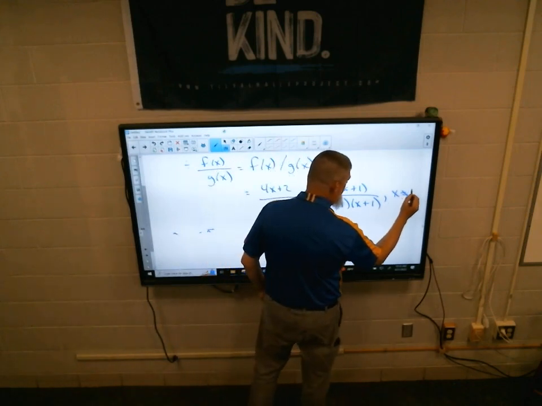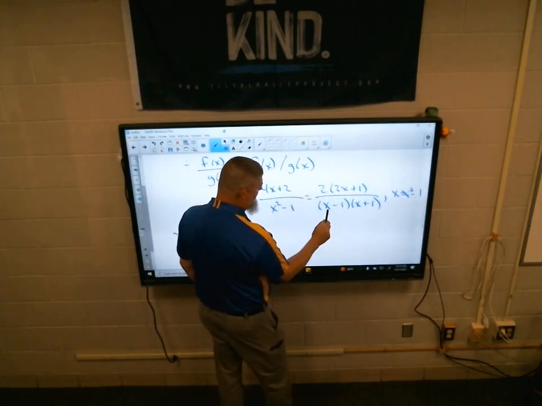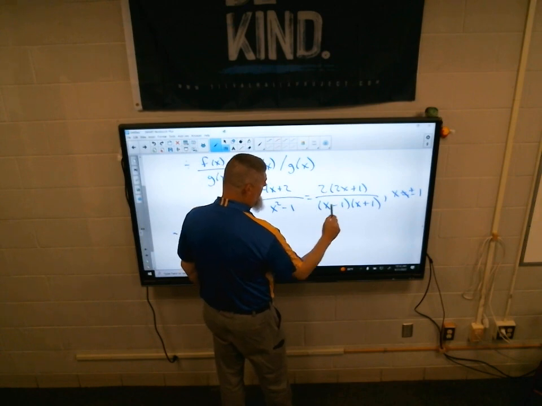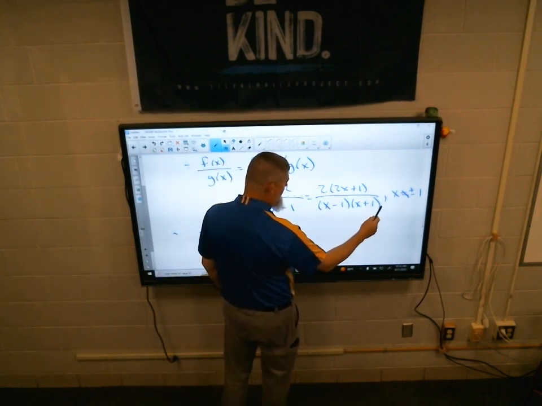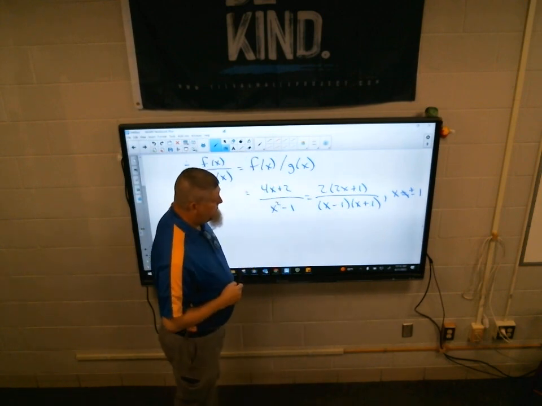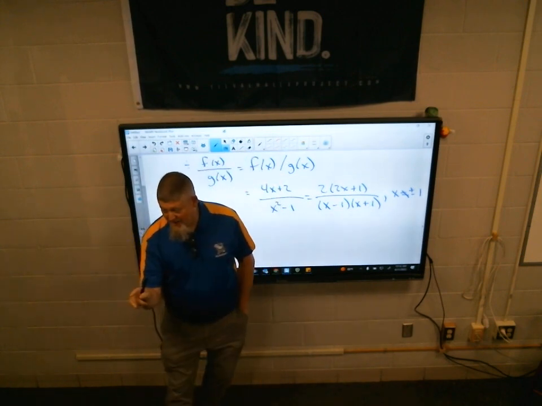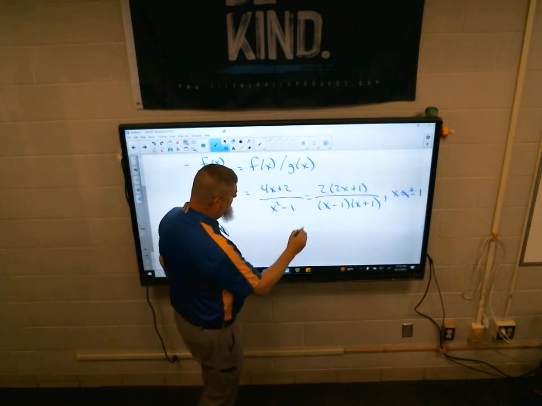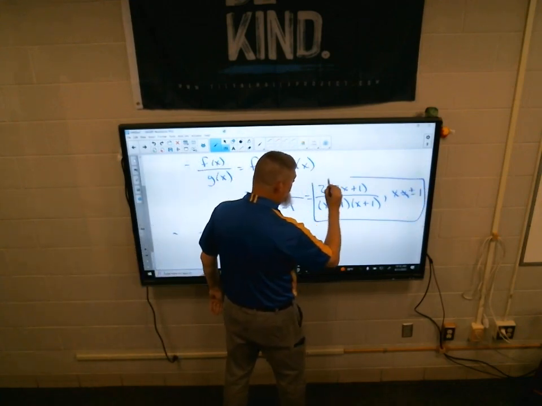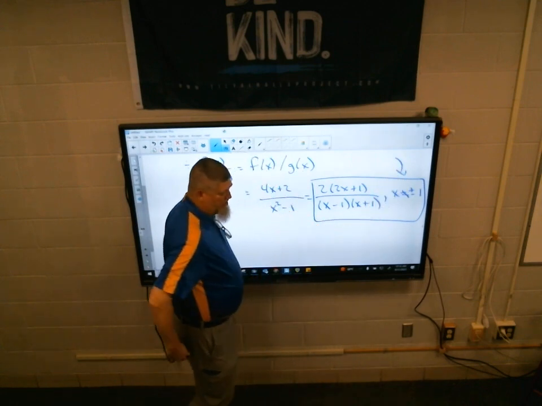Plus and minus 1. Because if x is 1, 1 minus 1 is 0, the denominator is 0. If x is negative 1, negative 1 plus 1 is 0, the whole denominator is 0. So you're right in saying 0, it's just the denominator being 0. So whatever values make that denominator 0. And that's really all you have to do, just put that domain restriction on it and you're good.